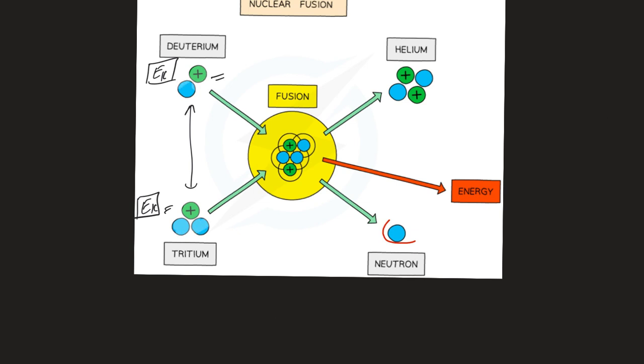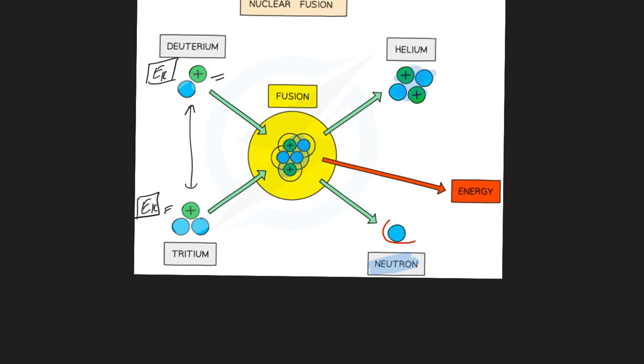As soon as they fuse, they will form this configuration, and from here as soon as one neutron is released, they form a stable configuration, that is helium.